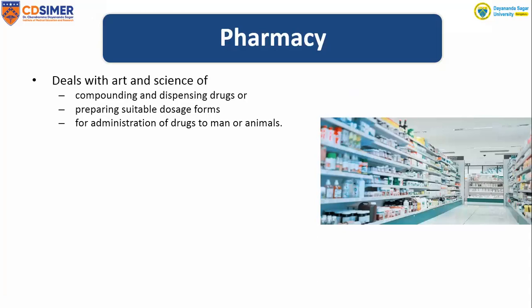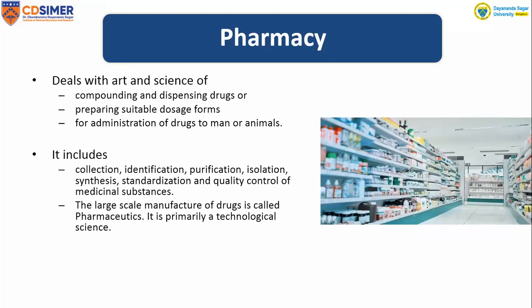It deals with the art and science of compounding and dispensing of drugs, preparing suitable dosage forms for the purpose of administration of the drugs either to man or animals. So it is compounding, dispensing and preparation of the dosage forms for the purpose of administering to man and animals.